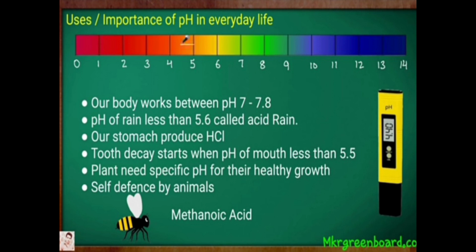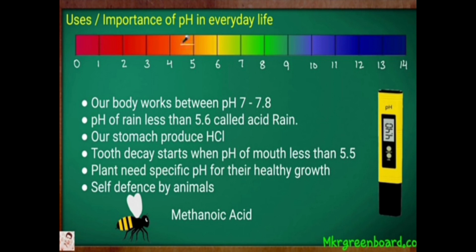Then, the pH of rain less than 5.6 is called acid rain. If the pH of rain is less than 5.6, say 5 or 4.5, the rain is becoming acidic. So we term it acid rain, which is dangerous for living organisms.